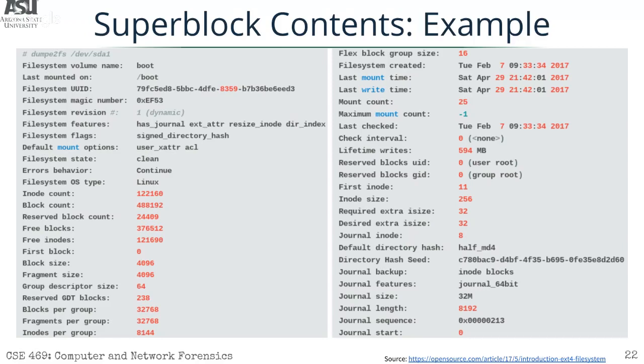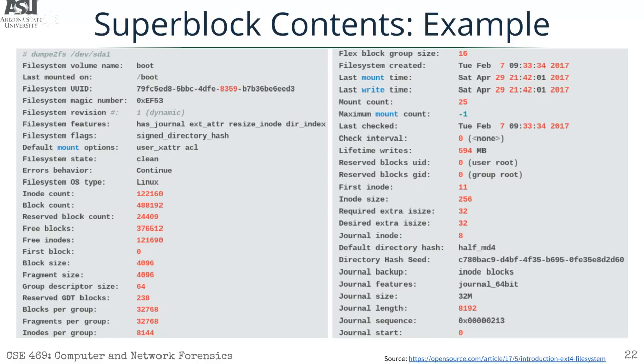First block is 0, of course. Number of inodes, free blocks, meaning blocks that aren't being used to store anything, blocks per group, inodes per group. First inode: this is 11.